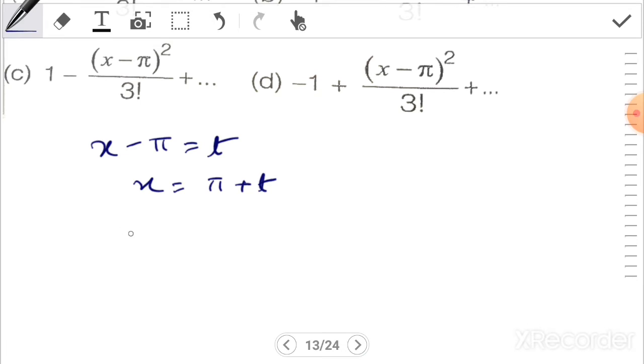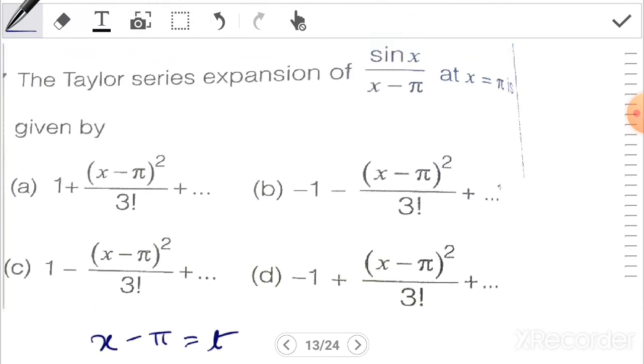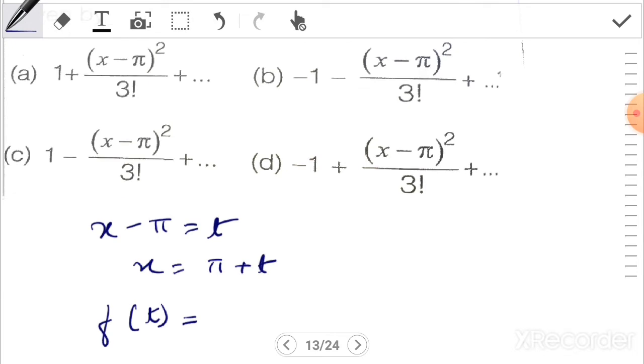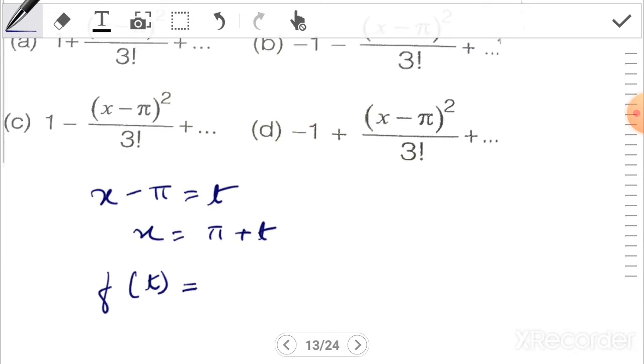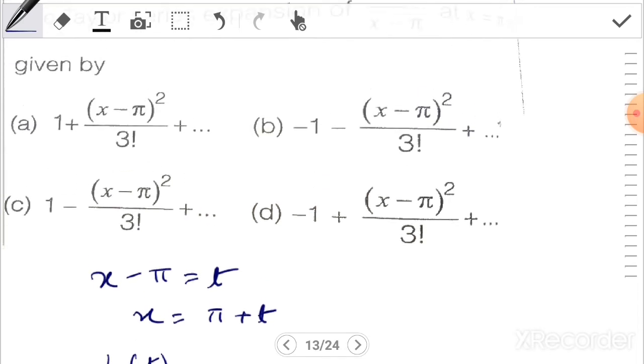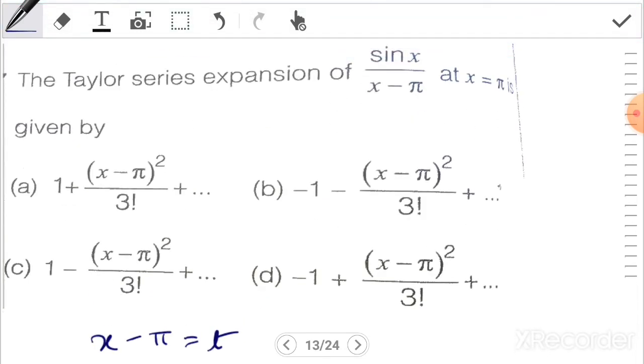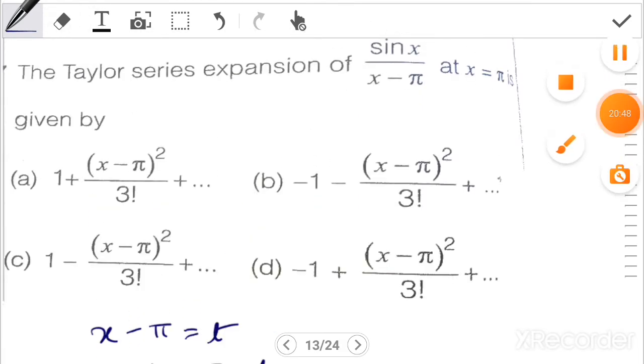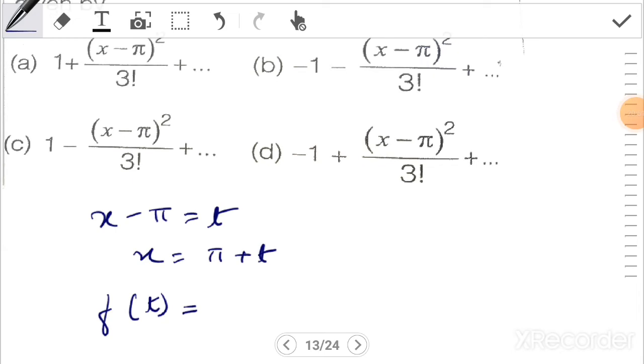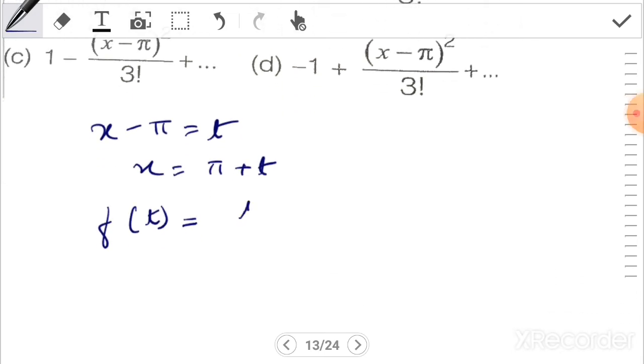So now f of t will be equal to sine of pi plus t, or t plus pi, by t.